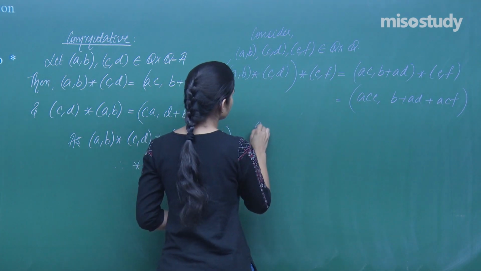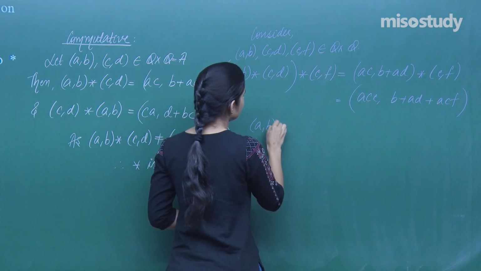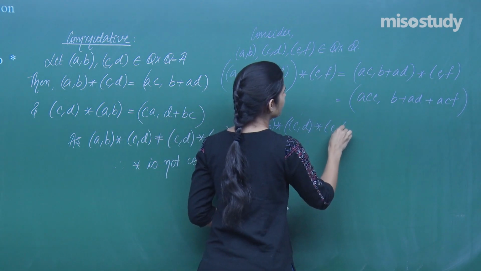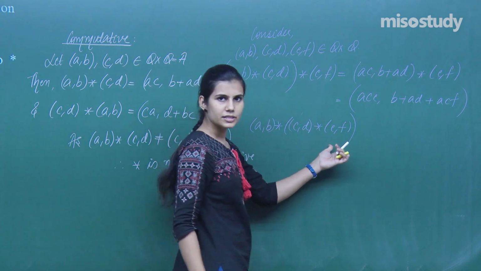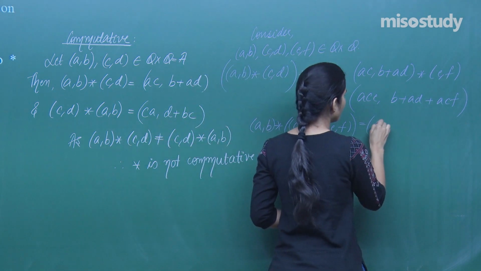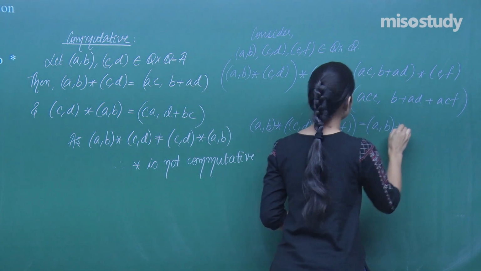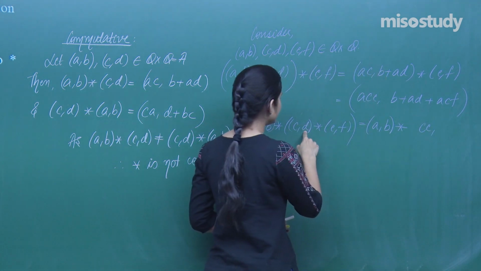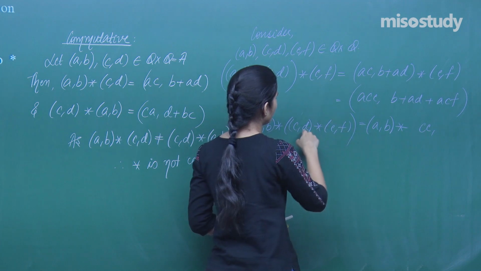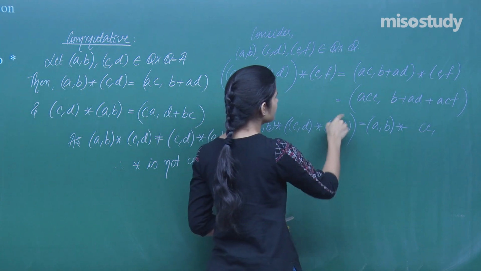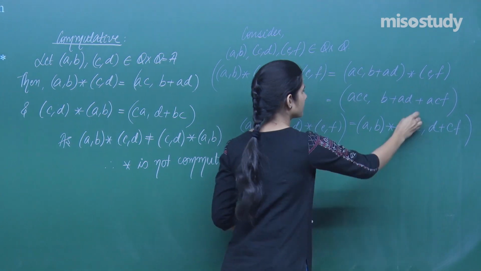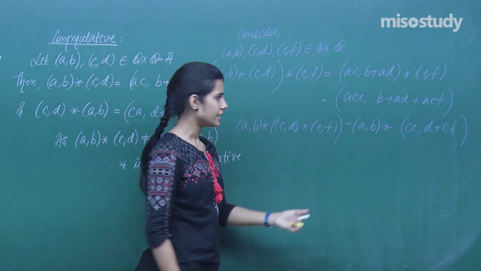And if I talk about (a, b) star (c, d) star (e, f), these two I first need to operate. (a, b) remains as it is, star, (c, d) star (e, f), which is (ce, d + cf).